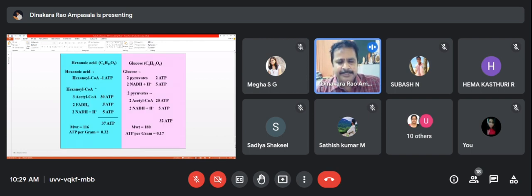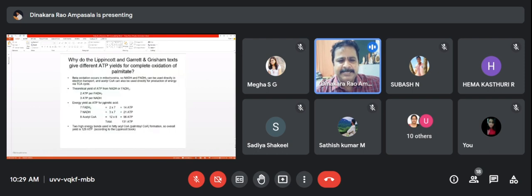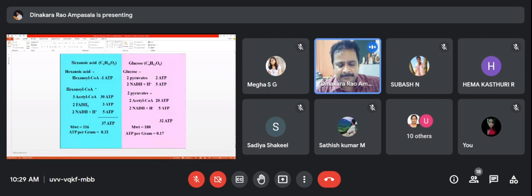Okay, so now this is just a comparison. You can see the same carbon chain length of hexanoic acid and glucose, the same carbon atom length. So hexanoic acid is C6H12O2 and glucose is C6H12O6. So you can see the oxidation of glucose and fatty acid when the carbon structure is similar.